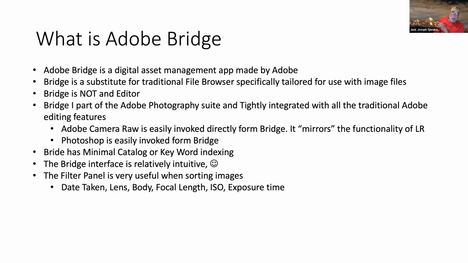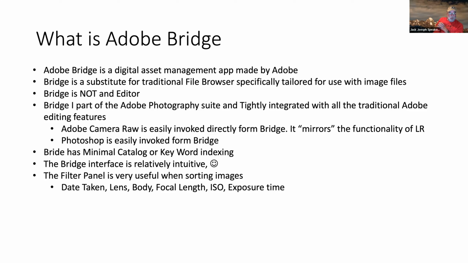It has some catalog or keyword indexing, which I played with once, and one of the reasons why I never used the cataloging function is I don't have the discipline to put in the keywords every time I import photos. The other thing I found is my typing is horrible. I know how to spell, but if you type eagle and you leave a letter out of it, you'll never find that file if it's typed in wrong.